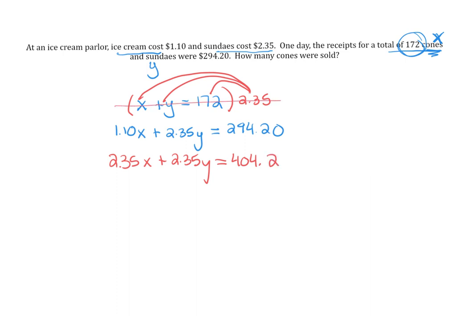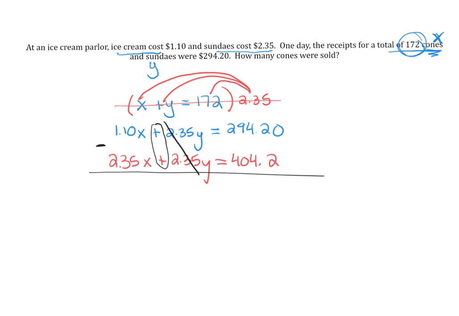And now, different from these other equations where I've been adding the equations together, in this case, if they're both positive, I'm going to subtract the two equations, because subtracting is what will make those eliminate.